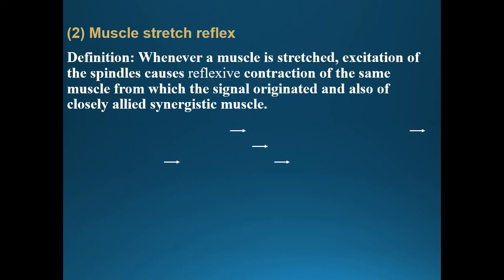Whenever a muscle is stretched, excitation of the spindle causes reflexive contraction of the same muscle from which the signal originated, and also of closely allied synergistic muscles. This is the definition of the muscle stretch reflex.